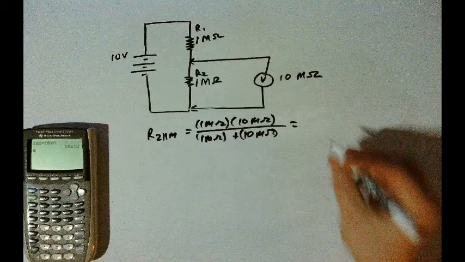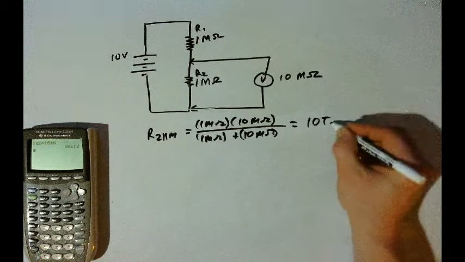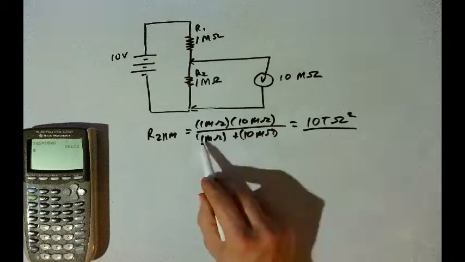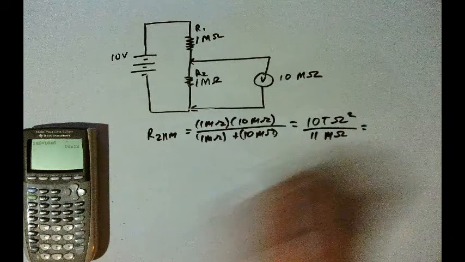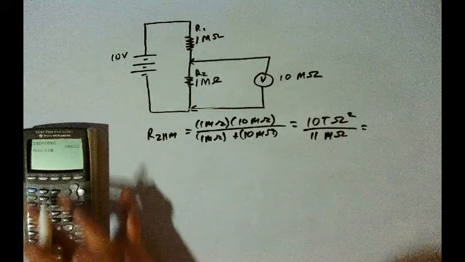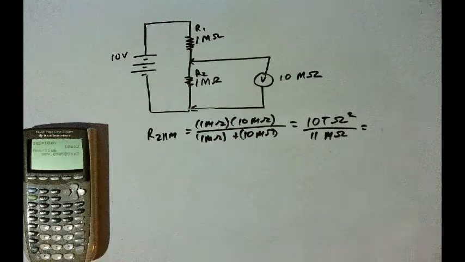And so we divide by 11 mega ohms, we get 909.1 kilo ohms. Right, same answer that we had last time, R1 and R2 in parallel, same values, same answer.